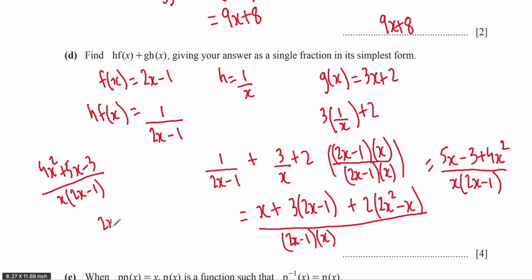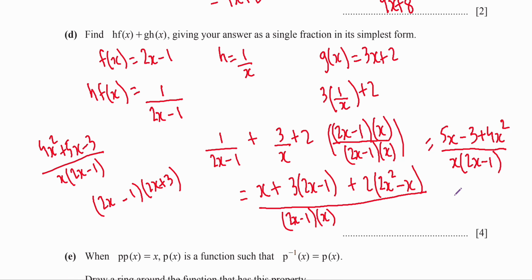So if we did 2x and then 2x, if we did minus 1 and plus 3, what would we get? We get minus 2x plus 6x. No, I don't think we can factor. I think that is how we should leave it in the final form. So we're left with 4x squared plus 5x minus 3, all divided by x times 2x minus 1.